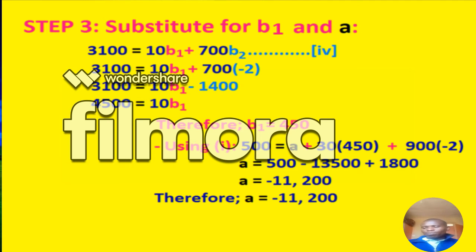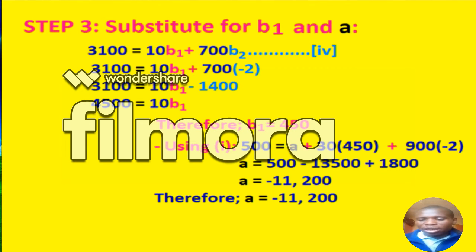So we already have b1, we already have b2. Then, using equation 1 to work out the value of a, equation 1 says 500 equals a plus 30b1 plus 900b2. So 500 is equal to a plus 30 times b1, which is 450, plus 900 times b2, which is negative 2.